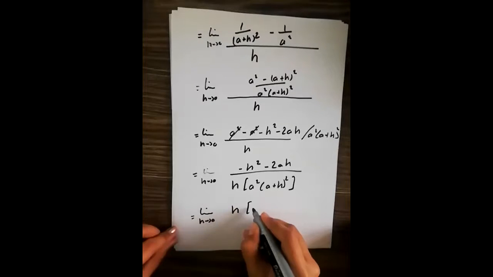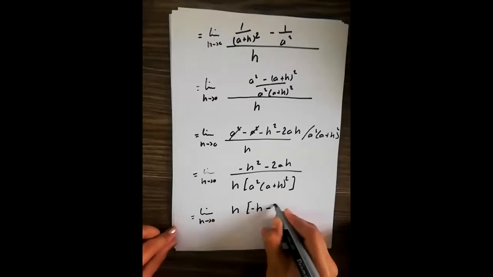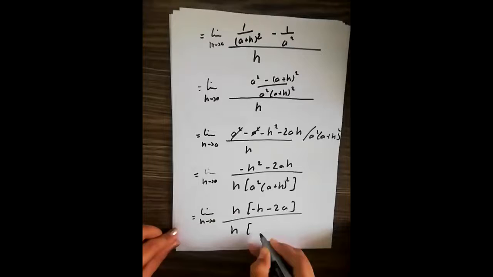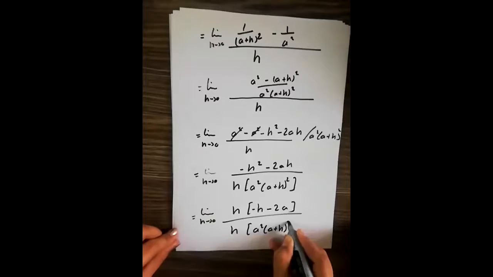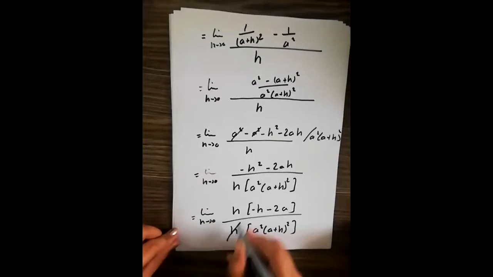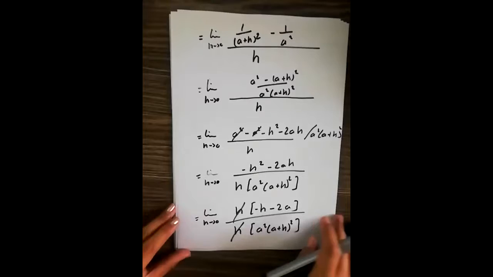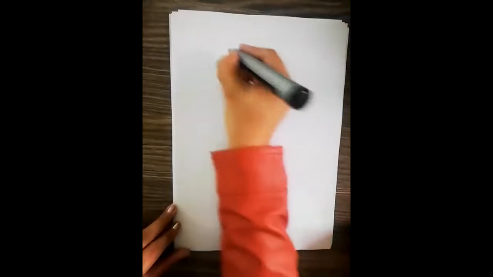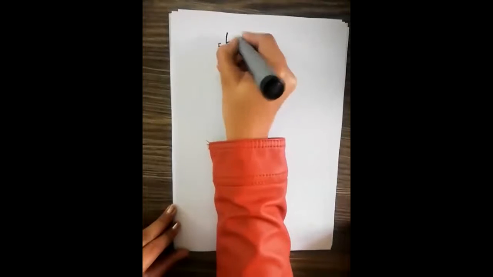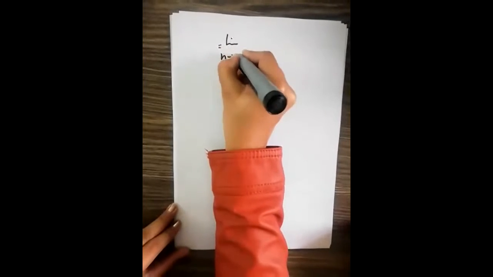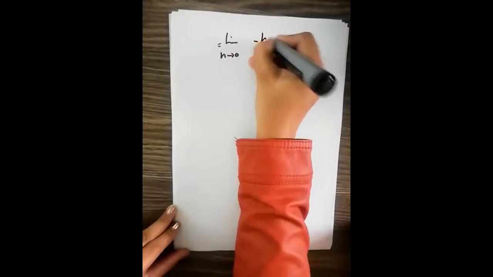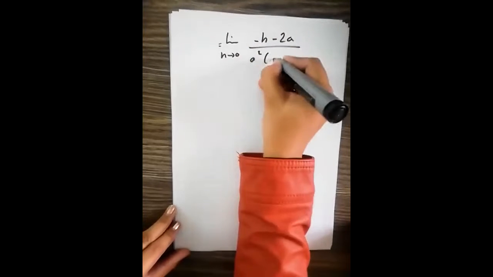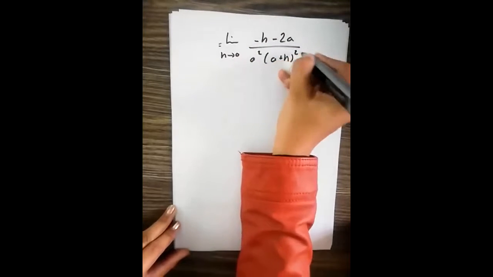This is minus h minus 2a, h into A square, A plus h whole square. This h and this h are cancelled. And what we get? We get limit h approaches to 0 minus h minus 2a divided by A square into A plus h whole square.